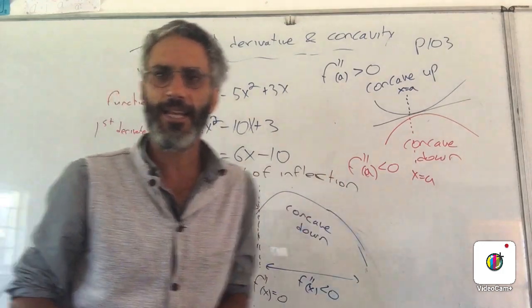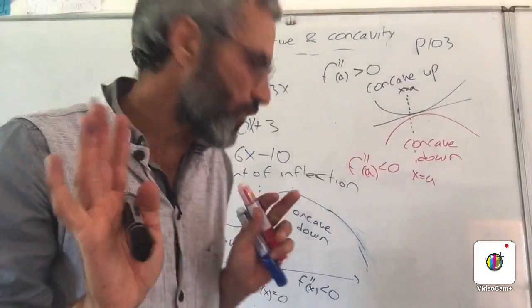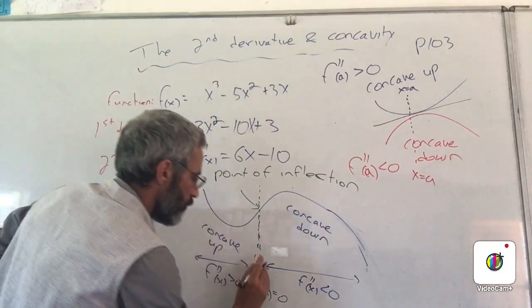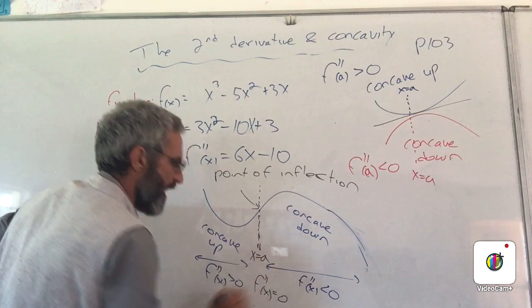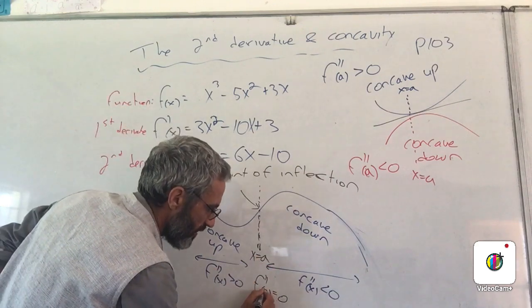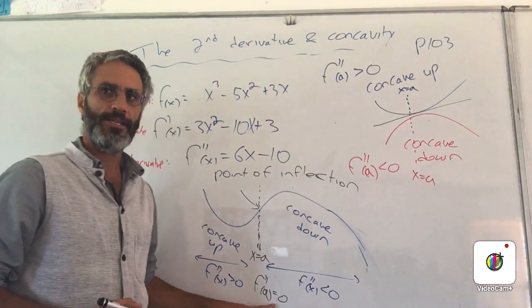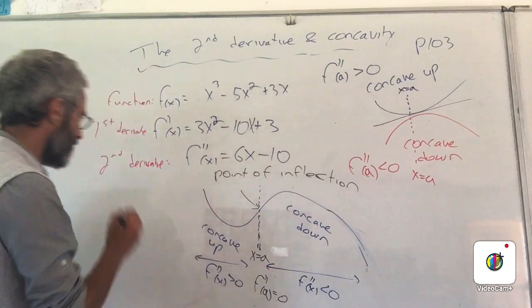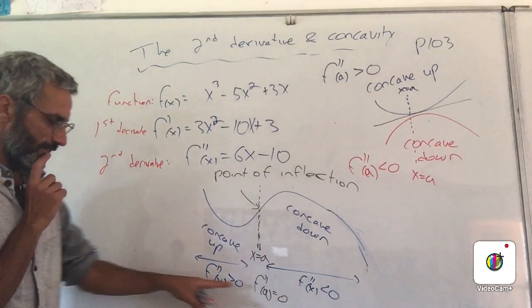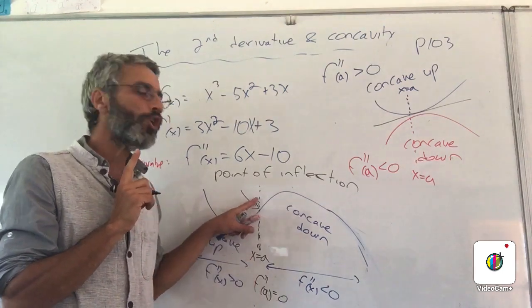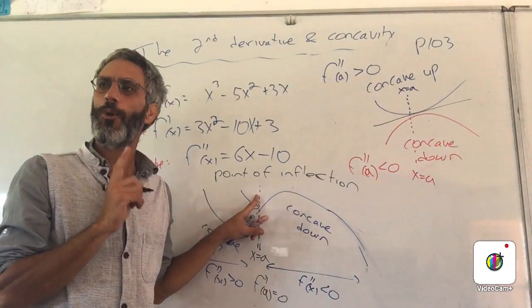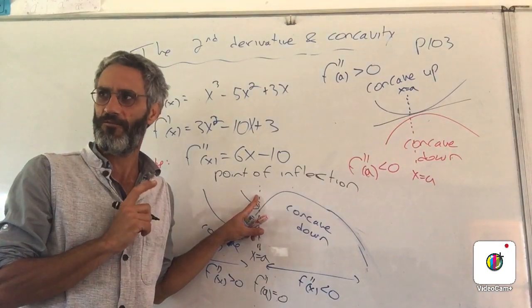I'll let it sink in a little bit and then we'll do examples. Just adding a little bit to it, just to make sure. Let's choose a specific x, let's say x equal a. That means that the second derivative is 0. So if the second derivative is 0, and now I'm adding, it is possibly a point of inflection, but not necessarily a point of inflection.